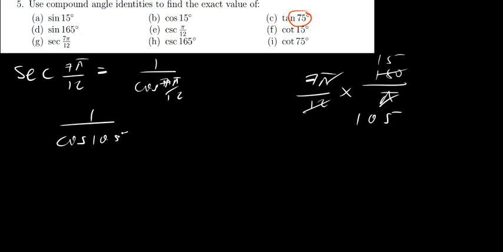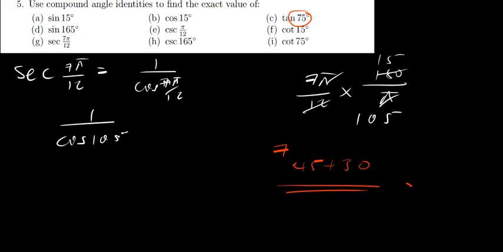So the special angle is 75. Now that 75 is going to be 45 plus 30. So you can go ahead and use this, the special angle. These are the ones we are going to use to find that.